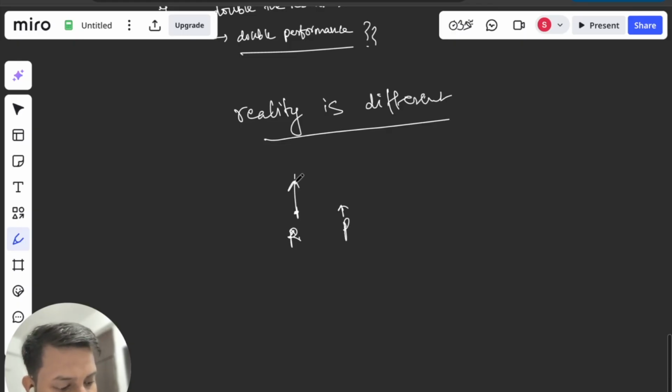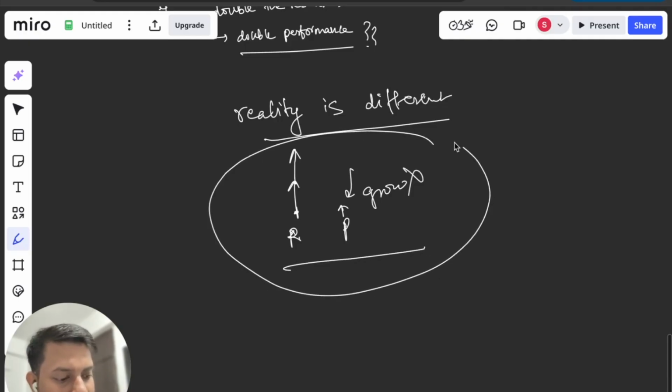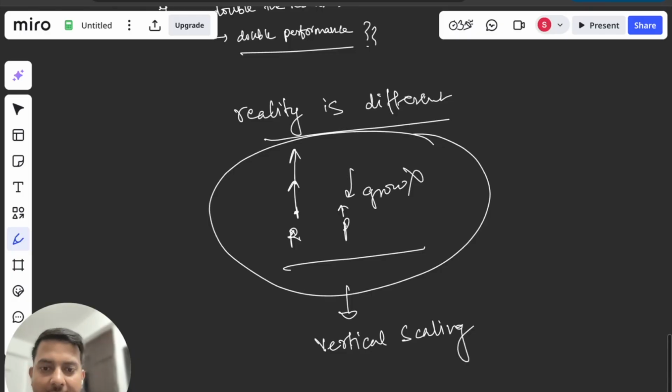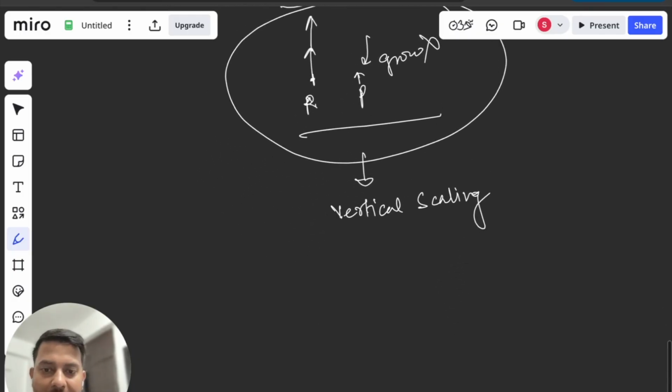You keep increasing the resources, you expect the performance to also grow, but it won't. This is the concept of vertical scaling. So this is called vertical scaling, and it has limitations.